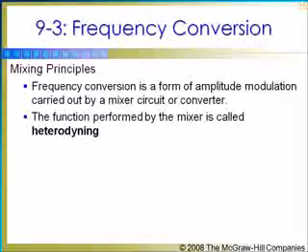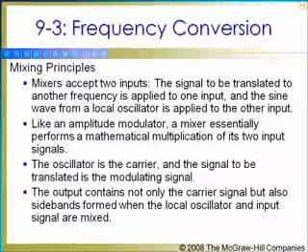Then mixing principles. Frequency conversion is a form of amplitude modulation carried out by a mixer circuit or converter. The function performed by the mixer is called heterodyning. Mixers accept two inputs. The signal to be translated to another frequency is applied to one input, and the sine wave from a local oscillator is applied to the other input.